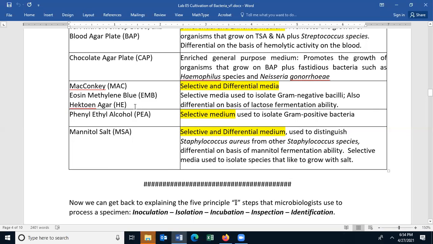The difference is that each one will be a different color. MacConkey's, I remember, because I've done it so many times, it's pink. I think on Hektoen agar, if it ferments the sugar lactose, it's orange or yellowish. And then with EMB, it will be greenish or a metallic black color if it ferments the sugar lactose.